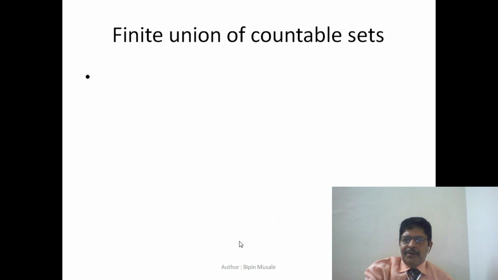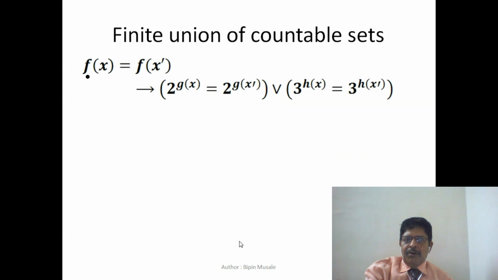So that issue is resolved. So if f of x is equal to f of x prime, either 2 raised to g of x is equal to 2 raised to g of x prime, or 3 raised to h of x is equal to 3 raised to h of x prime. That third possibility is now resolved.